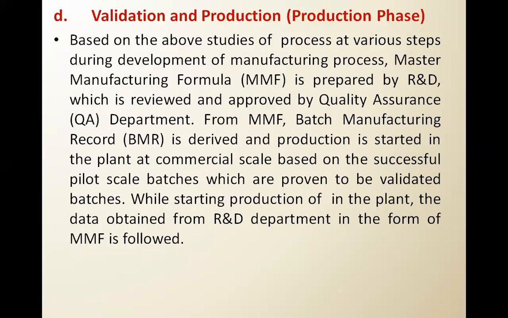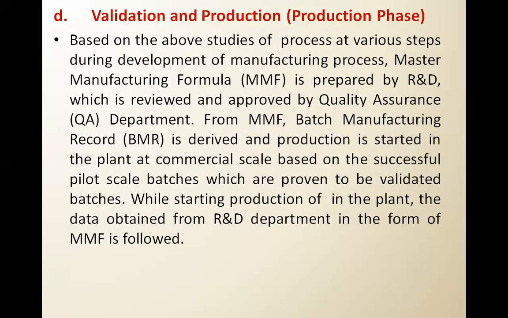And from that, the R&D record, which is reviewed and approved by the quality assurance department, from the master manufacturing record we prepare the batch manufacturing record, that is the BMR, and production is started based upon that batch manufacturing record. The batch manufacturing record is prepared from the master manufacturing record.